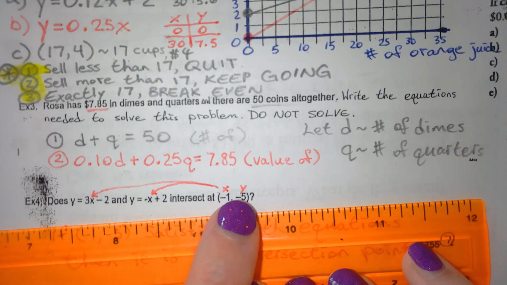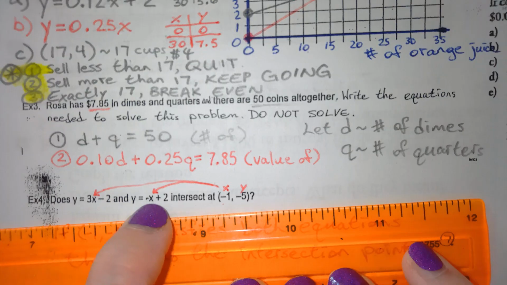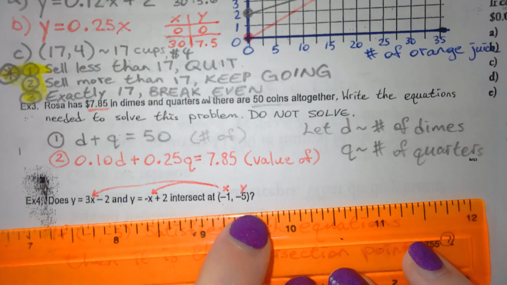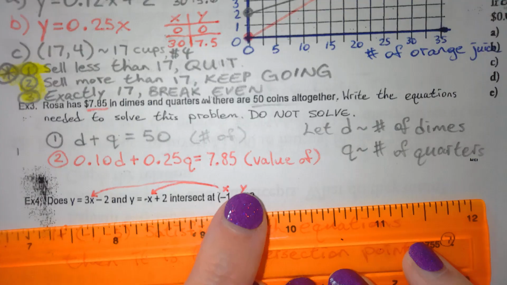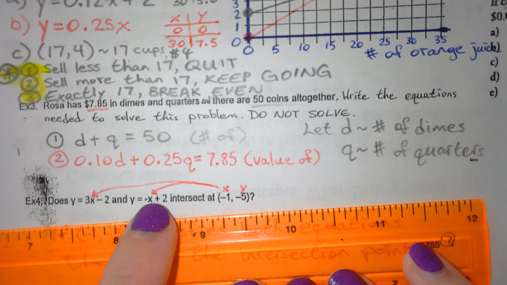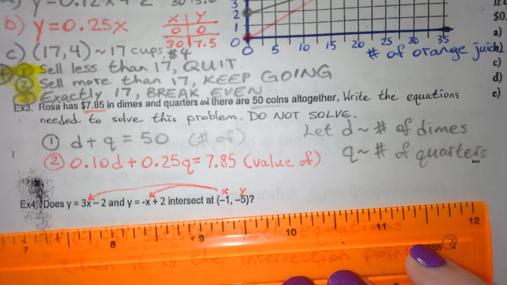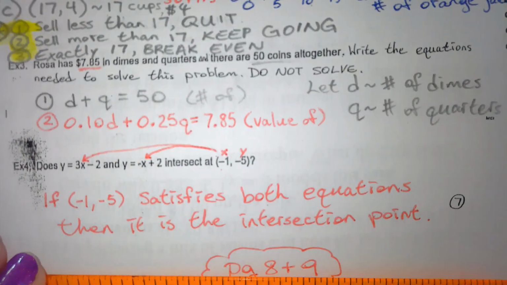Okay, Ariana, if I plug in -1 in here, what's -1 times -1? Plus 2? So it's not -5. So what does that mean? Right, so it means that this point is not on this line. So if this point is on the first line but not on the second line, can they intersect? No. All right, so it has to be on both.